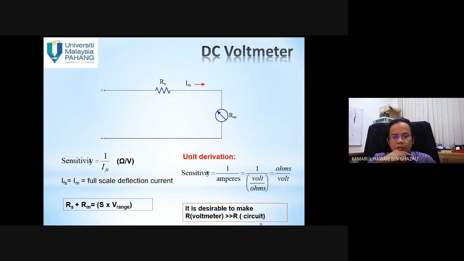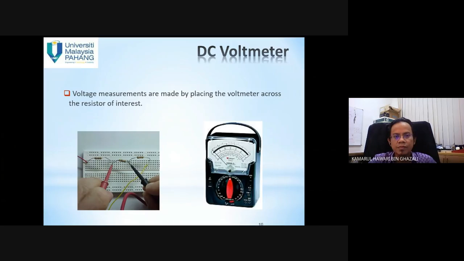So this is the formula where you can get RS plus RM equals S multiplied by the range. It is desirable to make the resistance of the voltmeter greater than the resistance in the circuit.